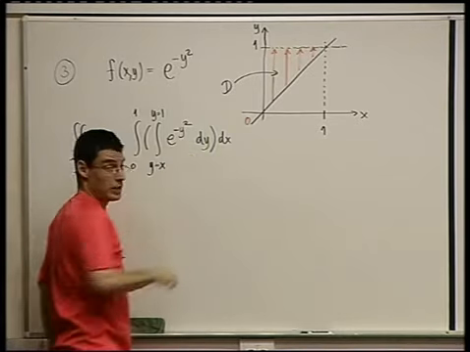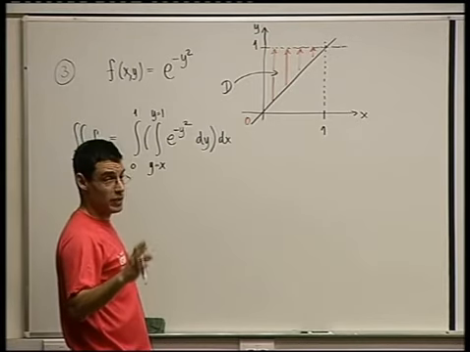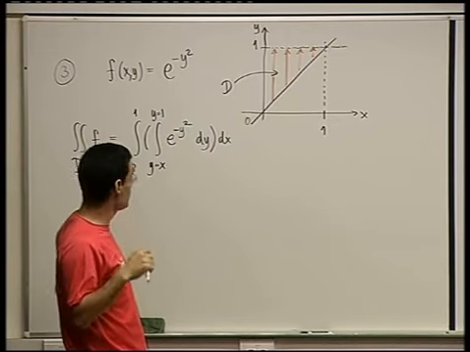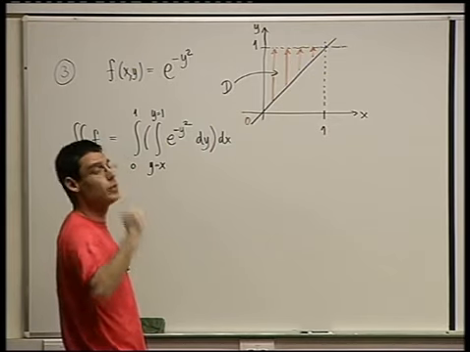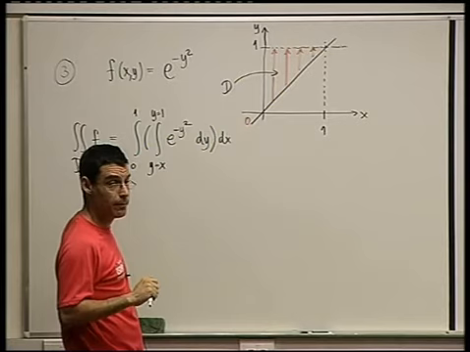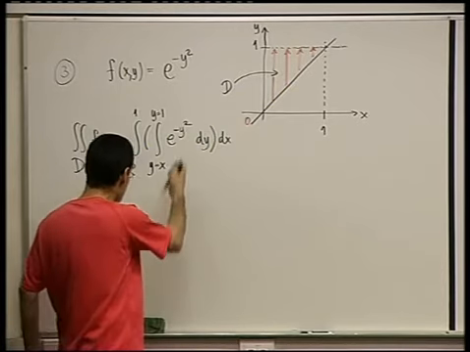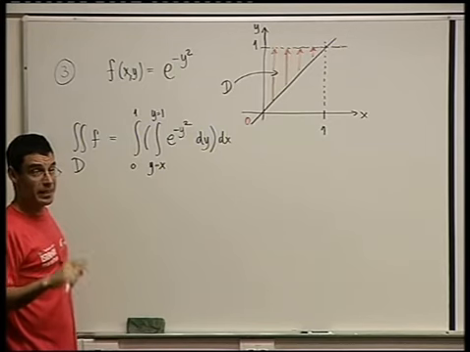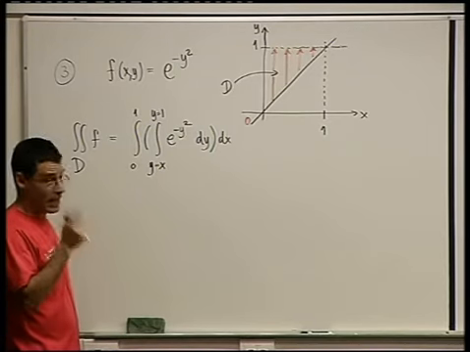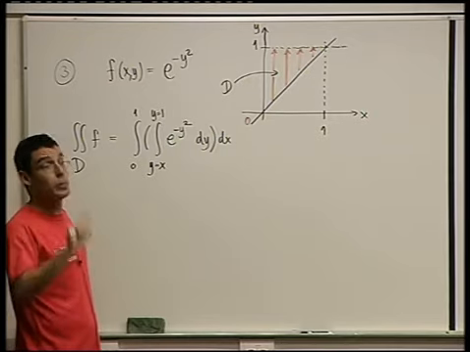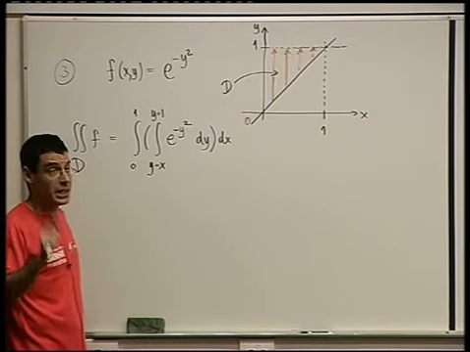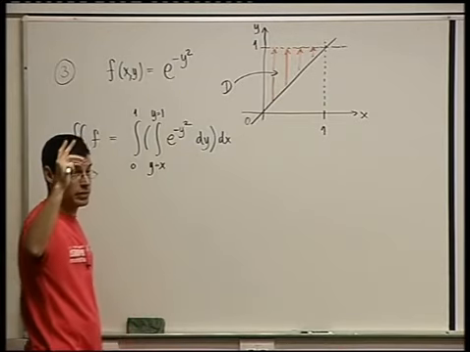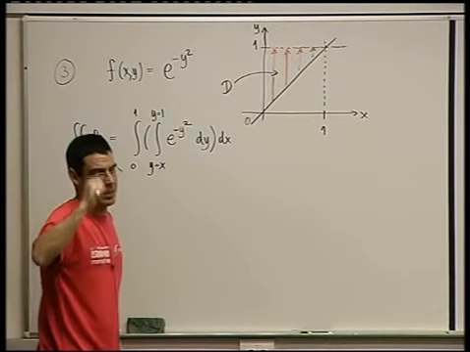E to the minus y squared, so by the looks on your faces, I understand that you haven't been told that. E to the minus y squared is one of those functions, and there are several of them, that looks very naive, but does not have an elementary antiderivative. Not that we don't know how to calculate it, it doesn't have one. It's a continuous function. It has an antiderivative, but it's not elementary.